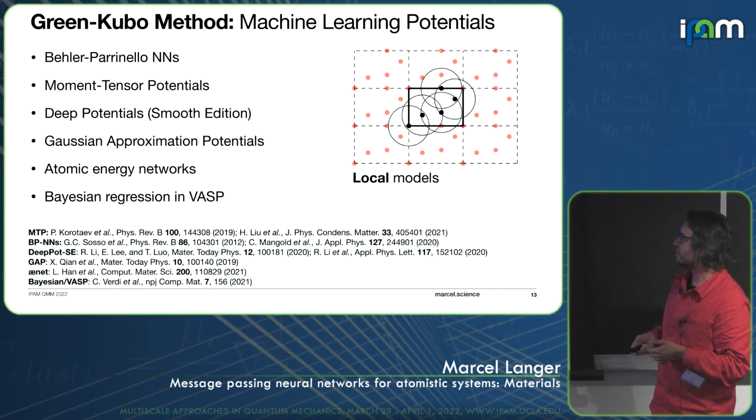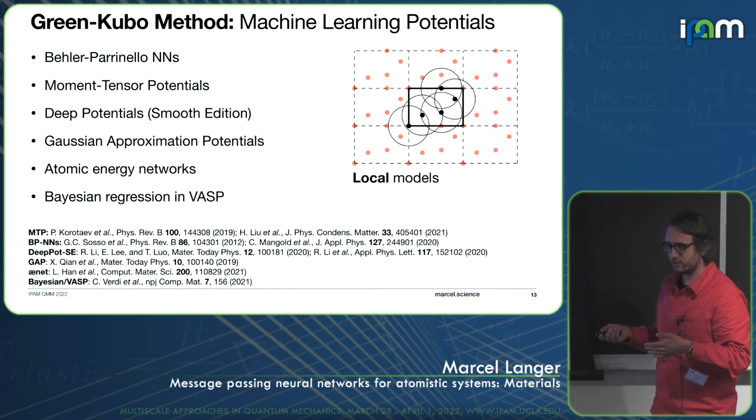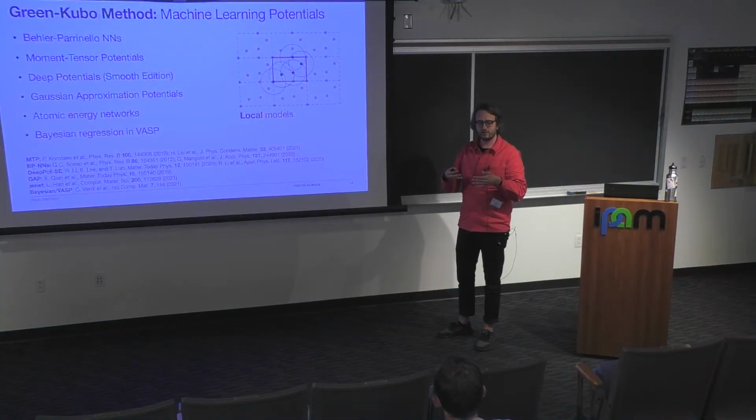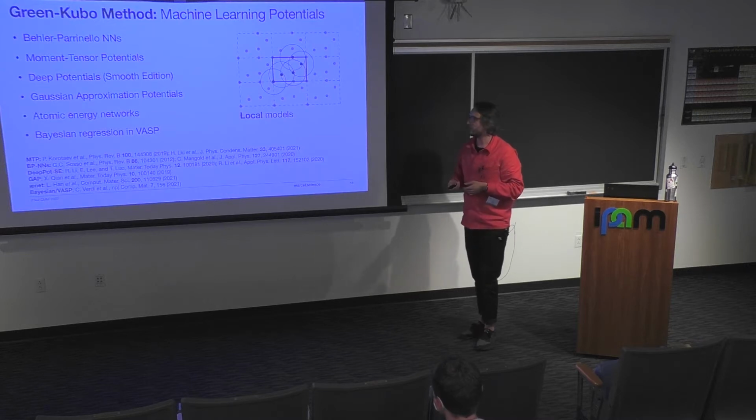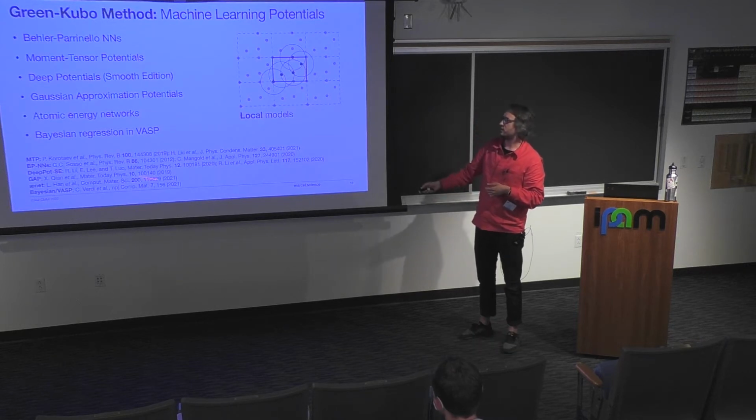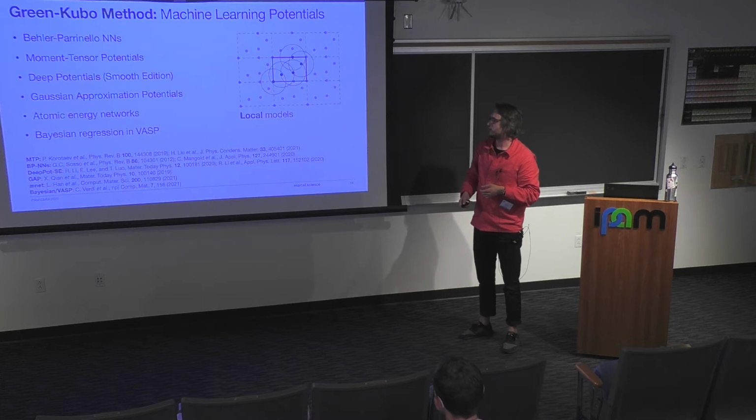So what people do these days, actually historically, the Green-Kubo method comes from classical force fields. Then we had this development of being able to do it with ab initio methods. And now we try to put it back together with these machine learning force fields, as Mia introduced earlier. So here's just a long list of some various approaches that have been tried. And one thing they all have in common is that they're purely local models.